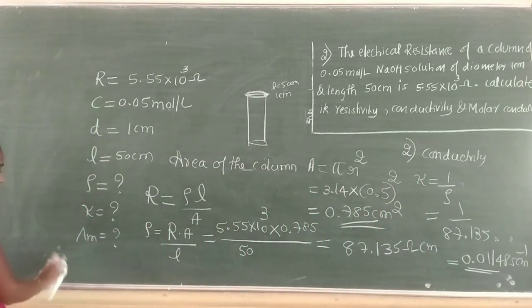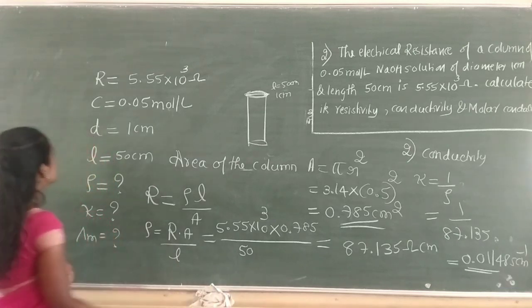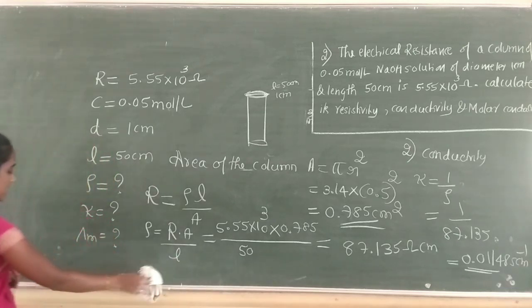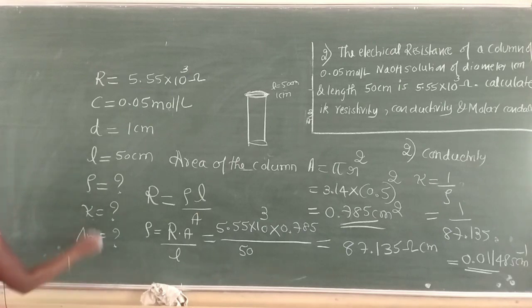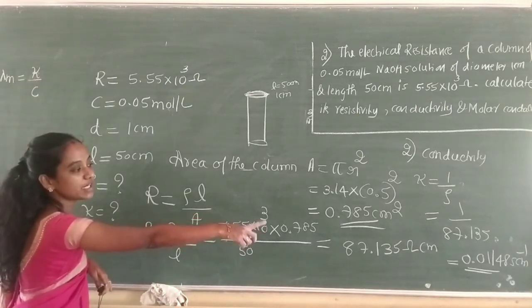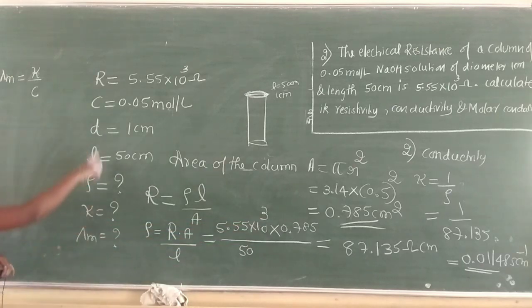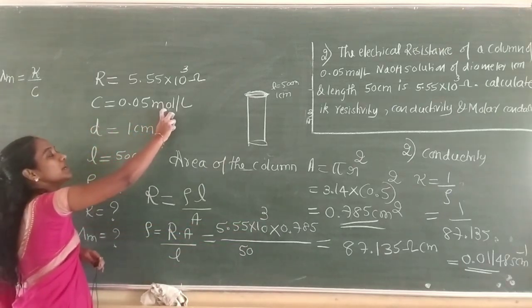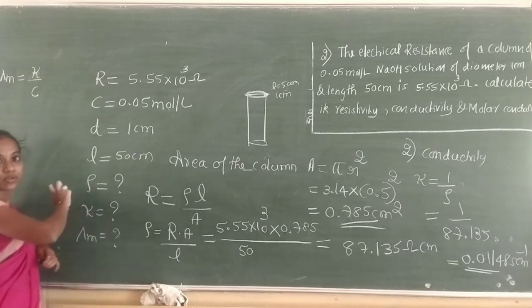Okay. Next, calculate the molar conductivity. So molar conductivity, lambda m, is equal to K by C. Conductivity is in Siemens centimeter inverse, and we have a concentration given in terms of liters.